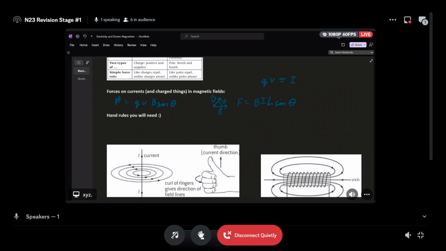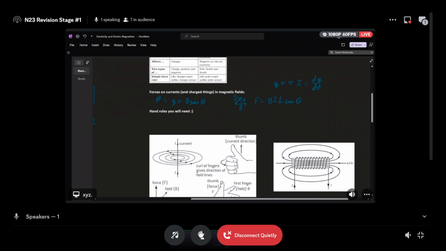The direction of QV is equal to the direction of the current. Then we have L there, because current is dq by dt, correct?